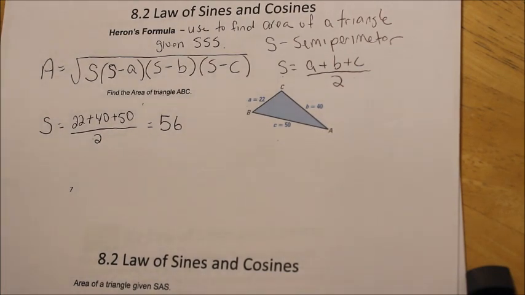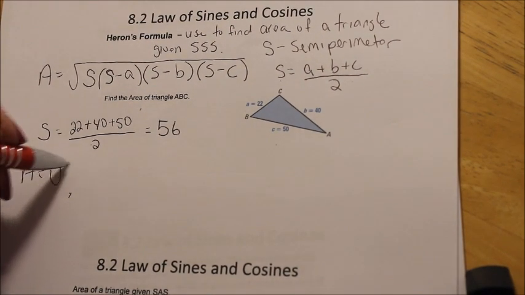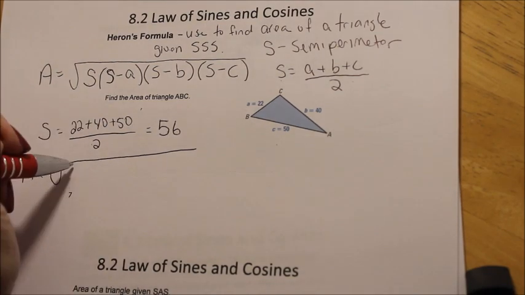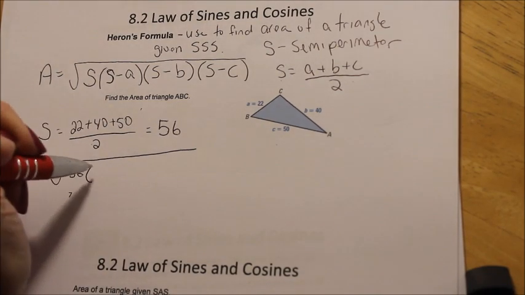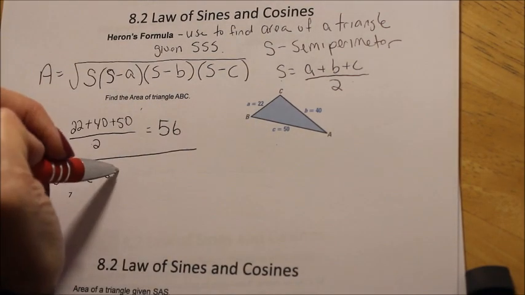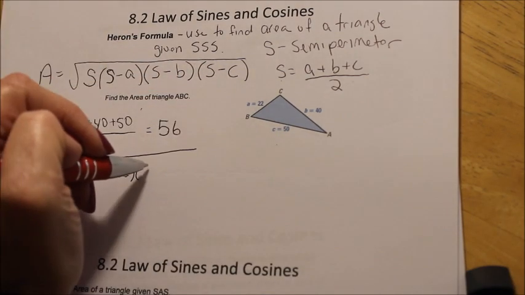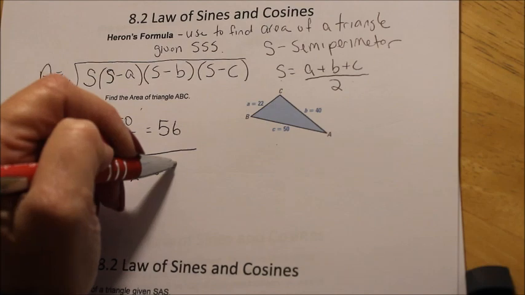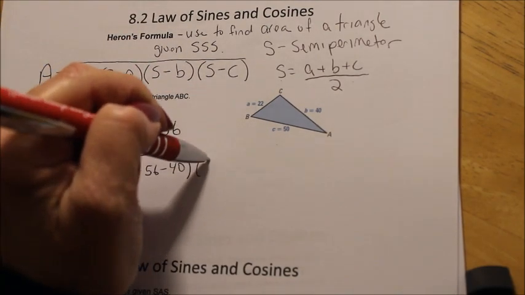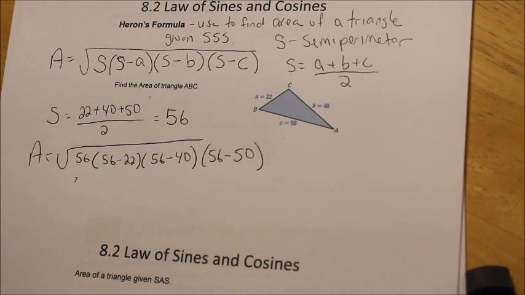So once you have your S, now you're going to take the square root of the S, that's the first number there, and then you're going to say 56 minus your first side, 56 minus your second side, and order doesn't really make a difference, by the way, and 56 minus your third side. Okay?